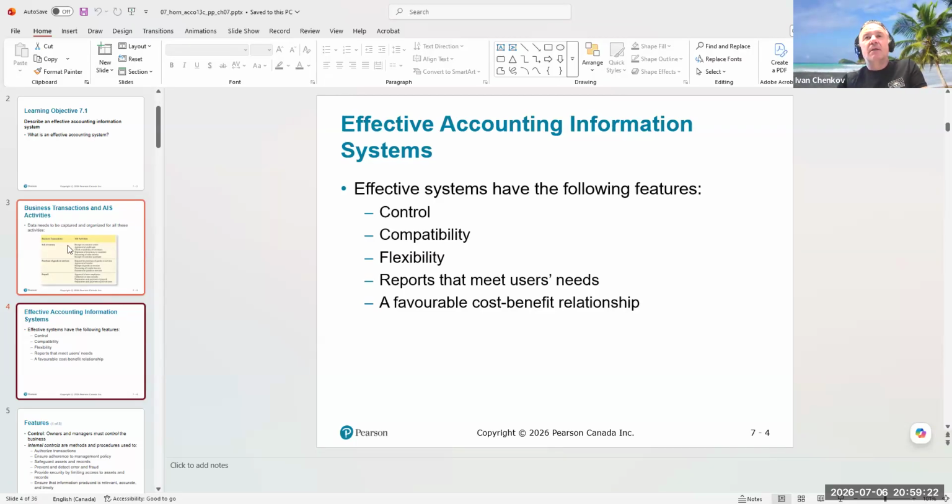What's the quality of an effective system? The effective system should have control, has to be able to make comparisons, has to be flexible, has to produce reports which meet our needs, and has to have a favorable cost-benefit relation, meaning the benefits that we're getting from the system have to be more than what we're paying for the system.